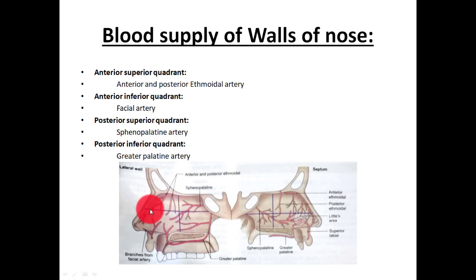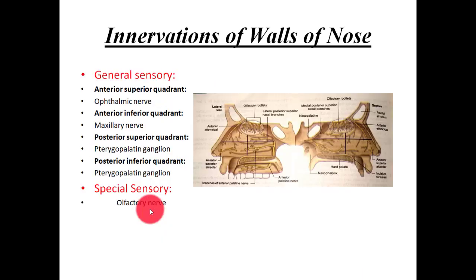So that was the arterial supply of the lateral walls. Now the innervation of the walls of the nose: there is general sensory innervation and special sensory innervation. For general sensory innervation, we again divide the quadrants and assign the nerves. The anterior superior quadrant of the lateral wall of the nose is supplied by the ophthalmic nerve, the anterior inferior quadrant by the maxillary nerve, the posterior superior quadrant by the pterygopalatine ganglion, and the posterior inferior quadrant again by the pterygopalatine ganglion.